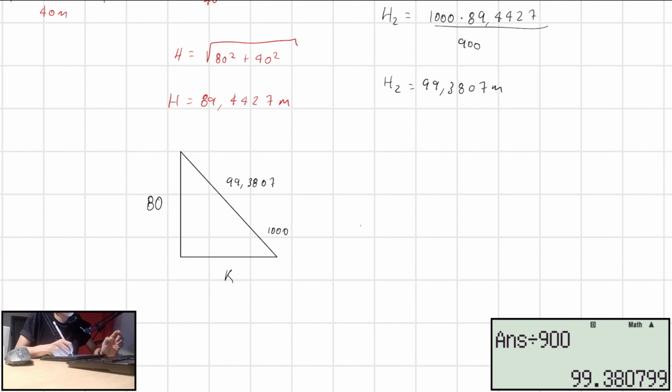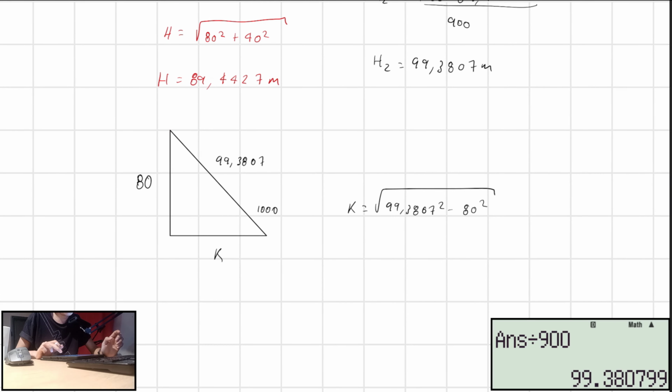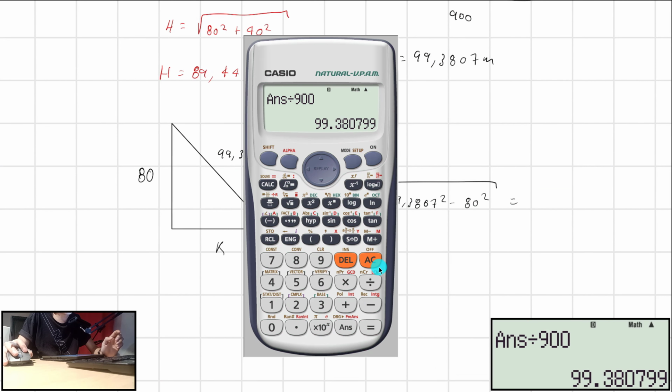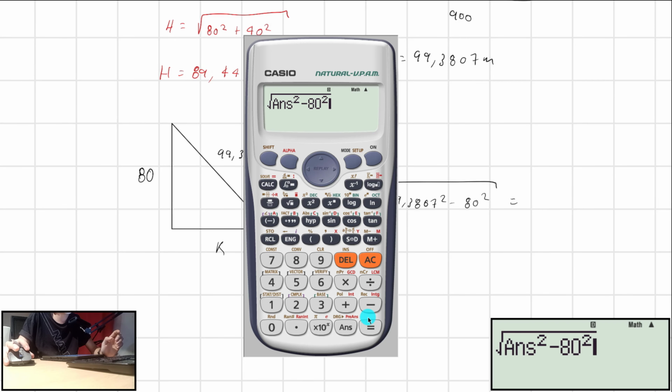Now, K is going to be equal to the square root of 99.3807 squared minus 80 squared.